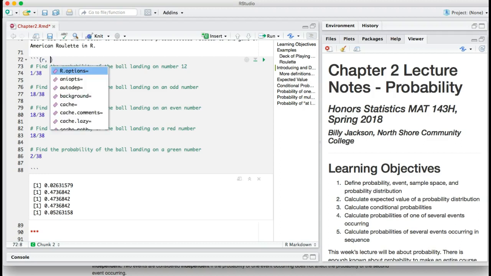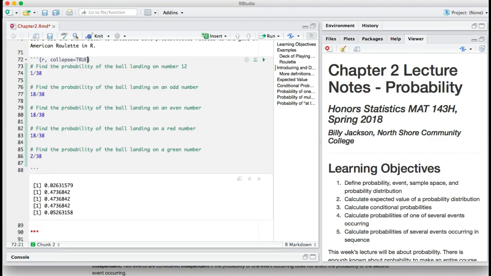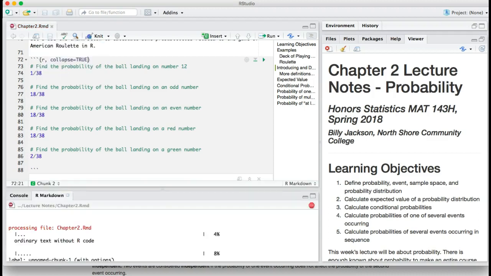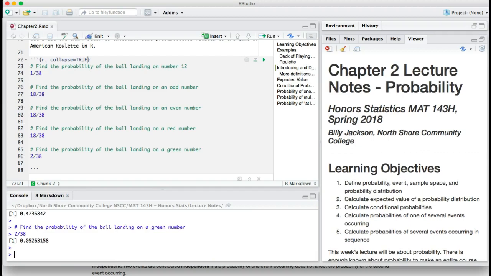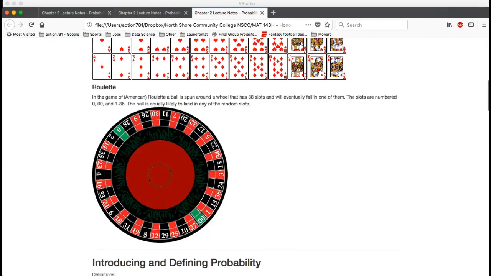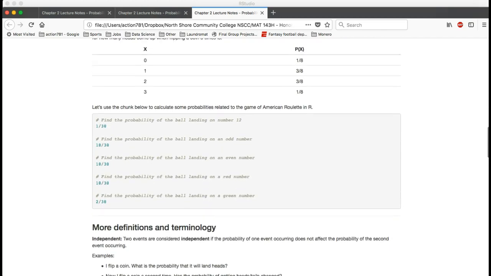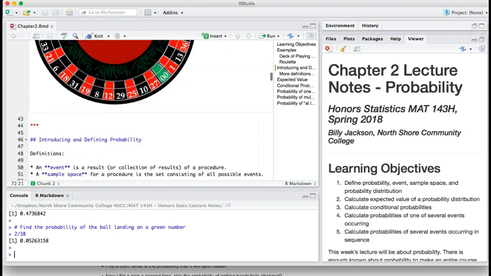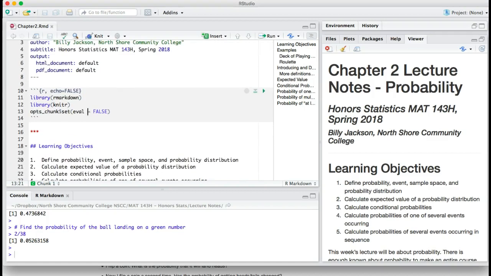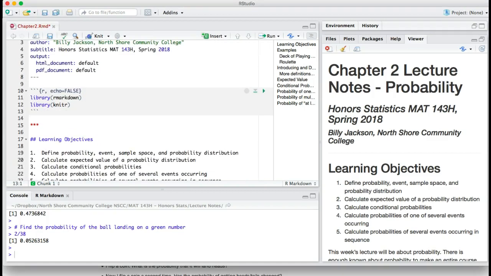I tend to like this argument in here, collapse equals true, which when you knit the document, it produces this nice output right alongside all of the calculations. Oops, that didn't work. I must have a chunk option not set properly here. Let me fix that. Here we go.